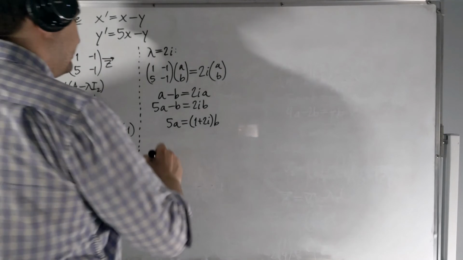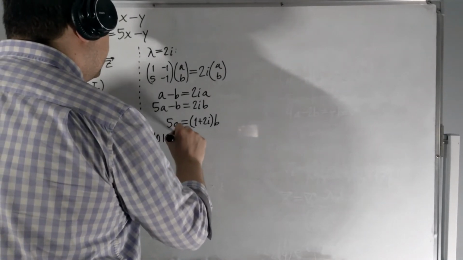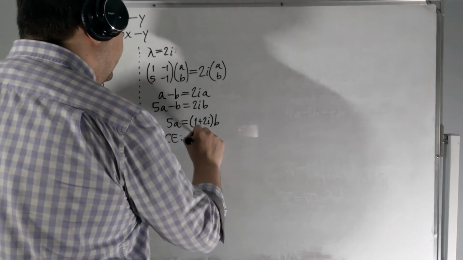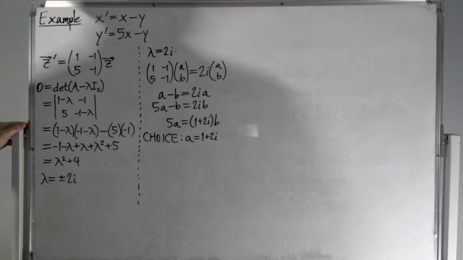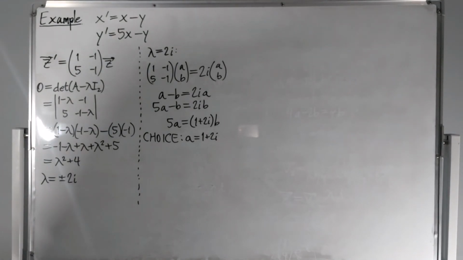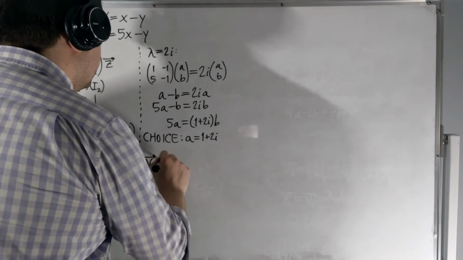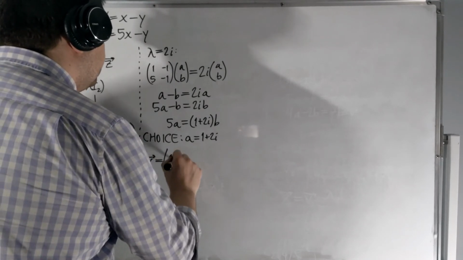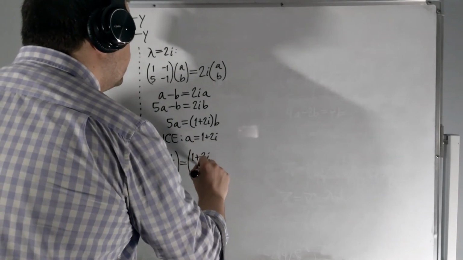And then let's make the choice b equals 5, so that a will be 1 plus 2i. So then our eigenvector (a, b) is going to be (1 plus 2i, 5).